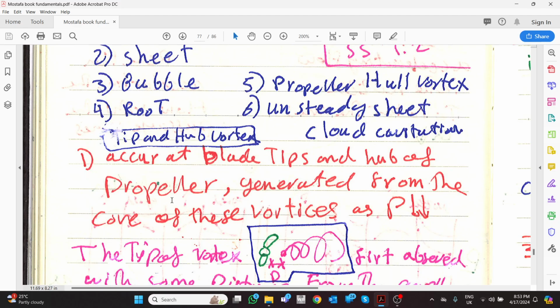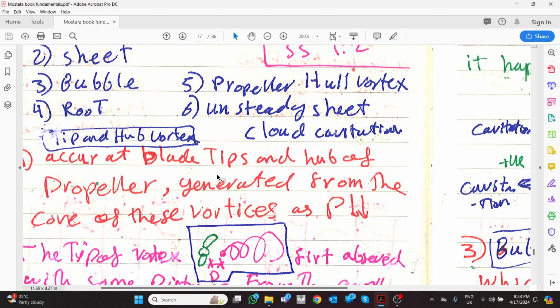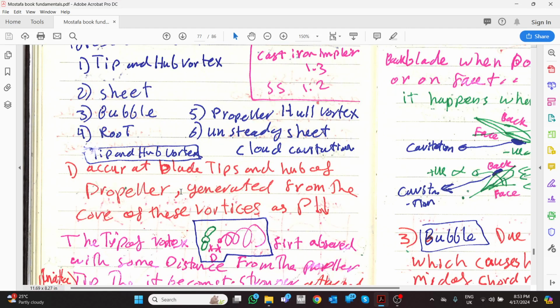Okay, let's check the tip and hub vortex cavitation. Tip and hub vortex cavitation occurs at the blade tip or hub of the propeller, generated from the core of the vortex itself. It is like this: when this starts to rotate, a vortex is going to happen.